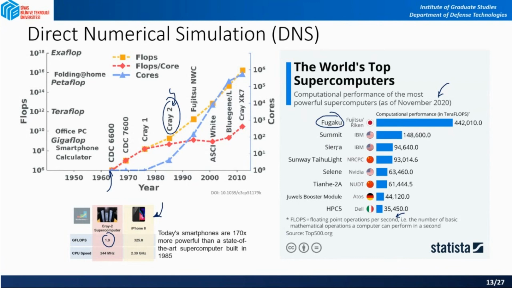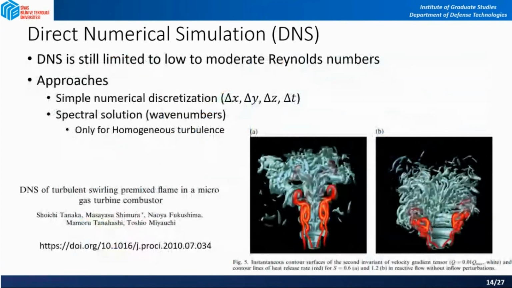And actually, using this amount of calculation, you are still limited to low to moderate Reynolds numbers if you want to do DNS.